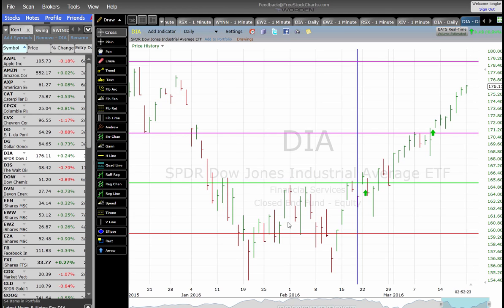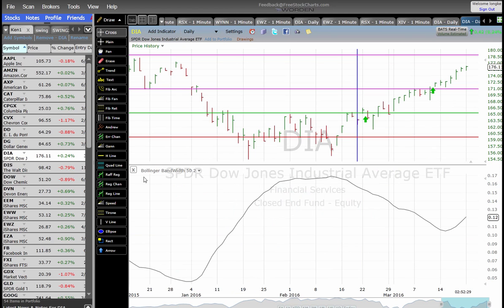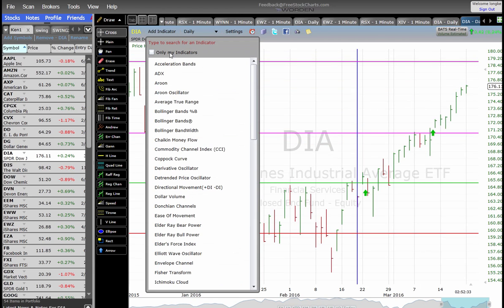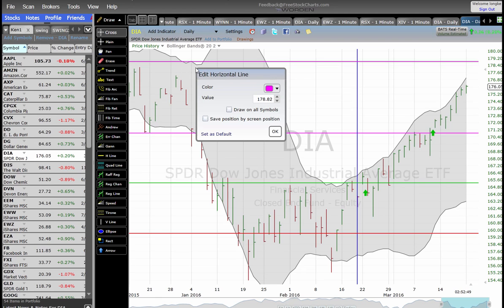We'll start with the basic river, and I'm going to add an indicator, a Bollinger Band. Bollinger Band width. Adding a Bollinger Band on price history. Nice thing on free stock charts, you can put indicators on indicators, and so I selected that I wanted it on price, but you can put it on other things.